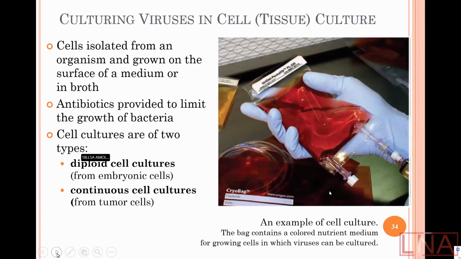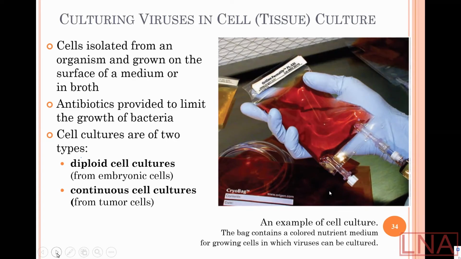The last way of cultivation is culturing viruses in tissue culture or cell culture. Cells isolated from an organism are grown on the surface of a medium or in broth. Antibiotics are usually added to limit the growth of bacteria.